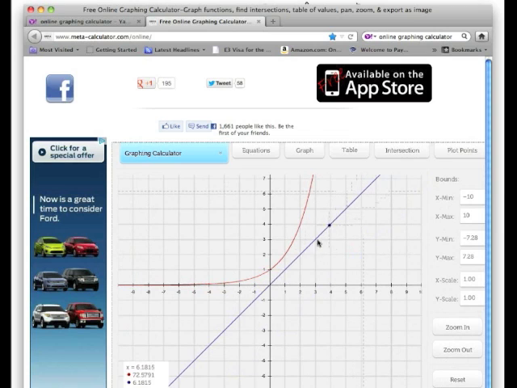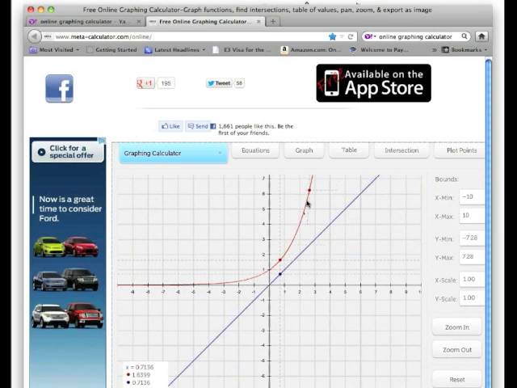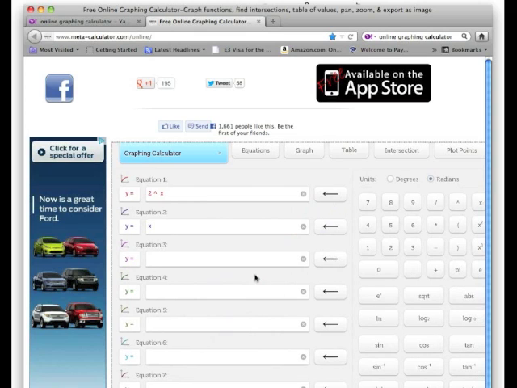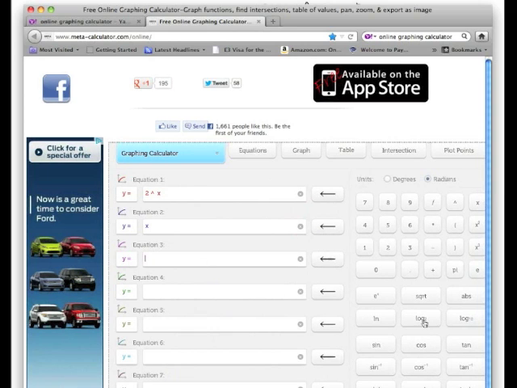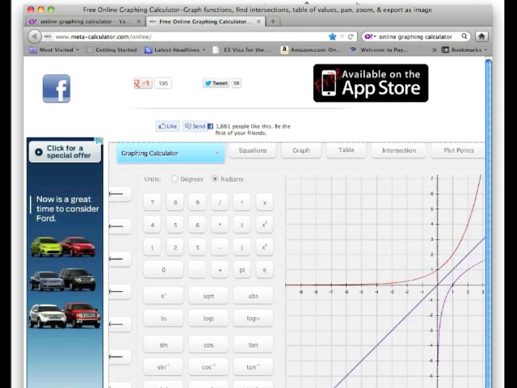And so here's our line y equals x. So we want to reflect this red graph here in this blue line. All right. So let's put in then the log, and we're doing it in base 2 of x, okay, and now let's graph it.